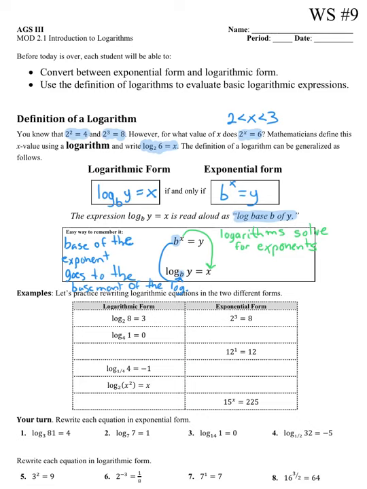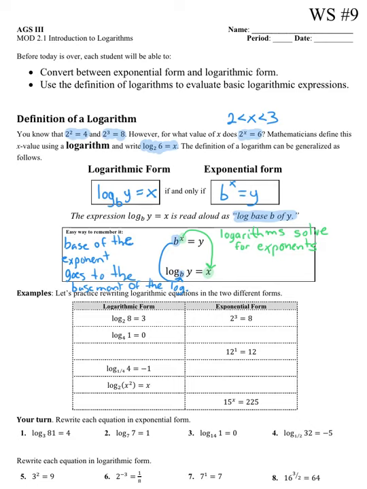So whenever we see something in logarithmic form, what are we solving for? An exponent. I'll say that a lot this module, but we are always solving for exponents. That's the purpose of logarithms. That's why they were invented. Exponent, exponent. So that's where they go.